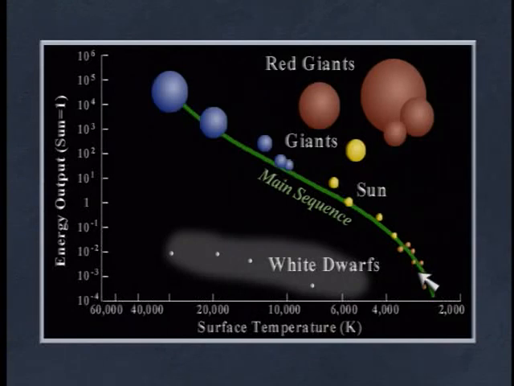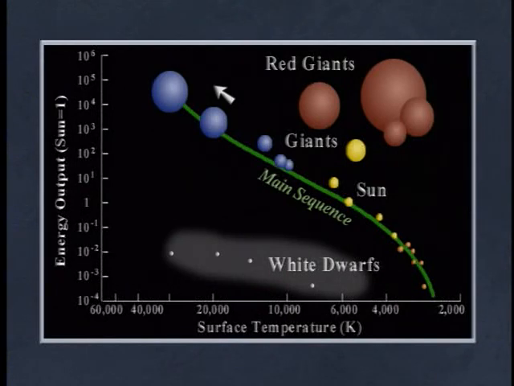Main sequence stars show a close relationship between temperature and energy output. Cool main sequence stars with surface temperatures at, say, 3,000 degrees, that's pretty low, have a very low energy output, and they're down here. And then hot main sequence stars with temperatures in the tens of thousands of degrees range have up to 1 billion times higher energy output, and they're up in the other corner.